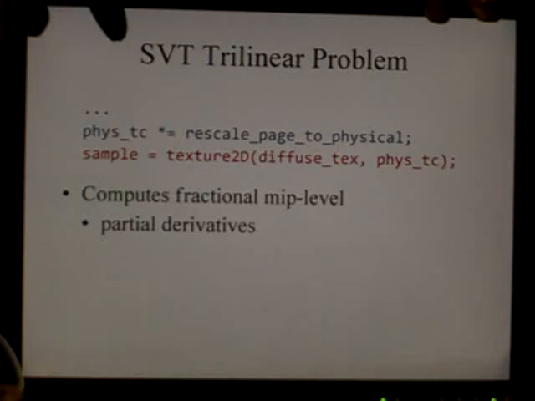We only need it for the fractional weight between these 2. To compute this MIP level, the math requires computing the partial derivatives of the texture coordinates. Now, as I've written this, how do we get those partial derivatives? It's up to the hardware and the driver to do something here.